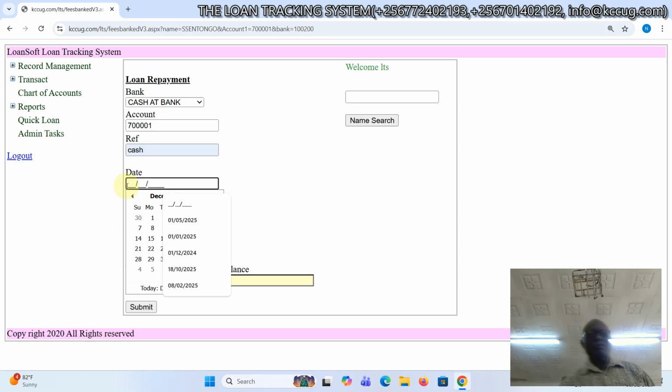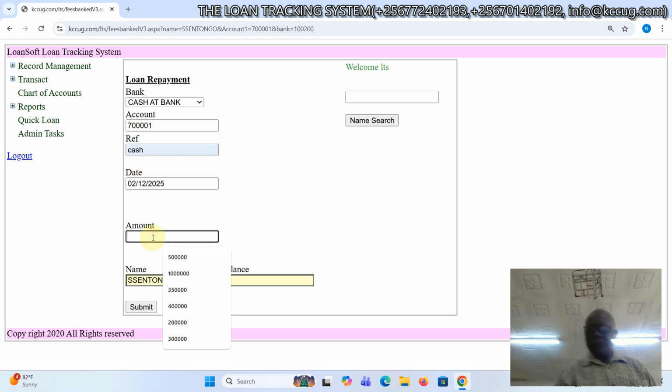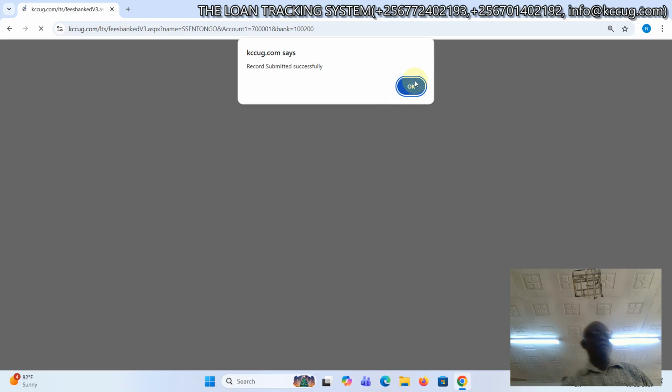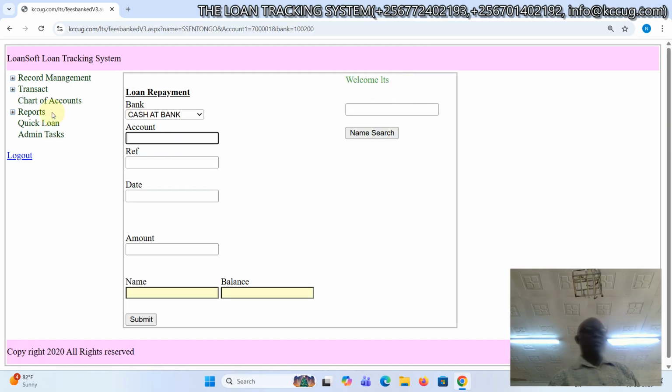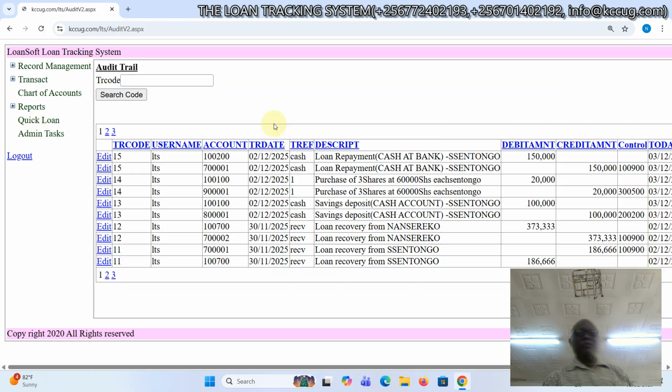Cash. When is he giving us cash? On the 2nd of December 2025. How much is he paying us? 150,000. And then submit. And if you click on quick loan transactions, you can see a loan repayment by cash for Sentongo.